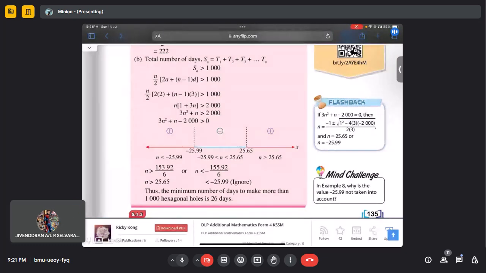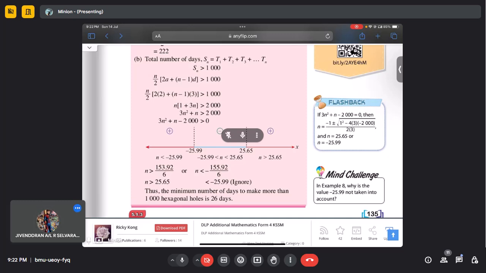This is just to show the image. You can press calculator to get your answer. Then you'll get 25.65, 25.99.